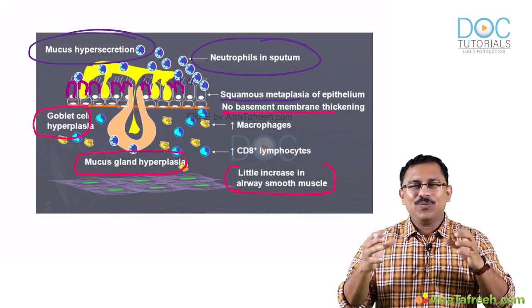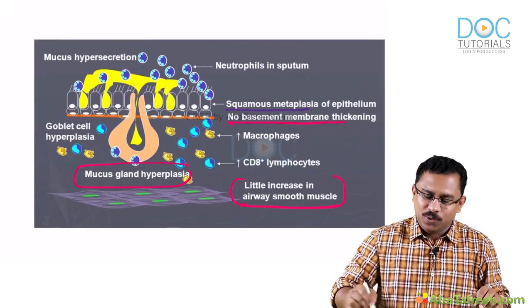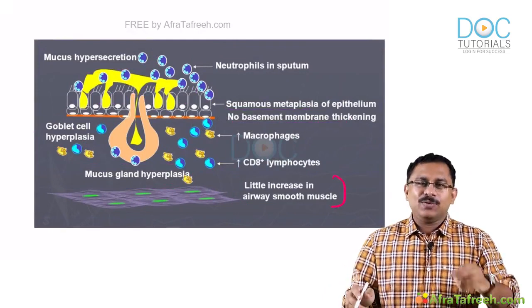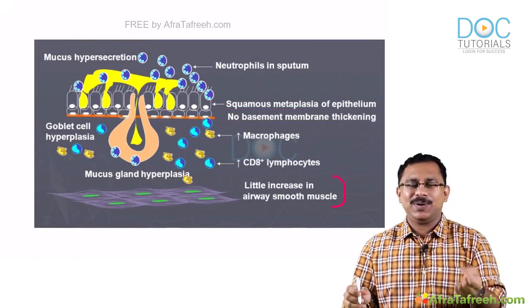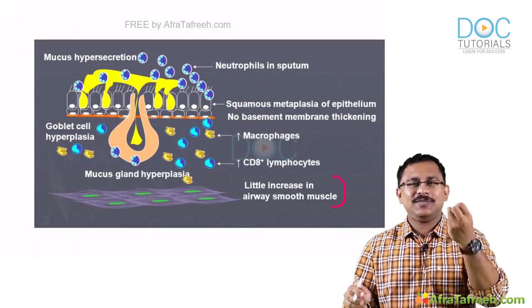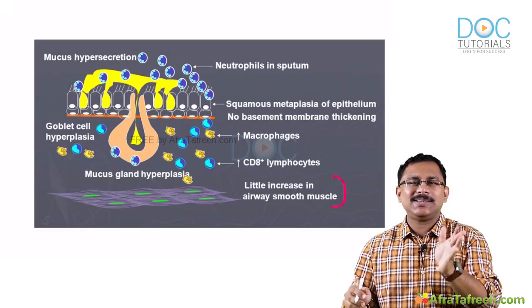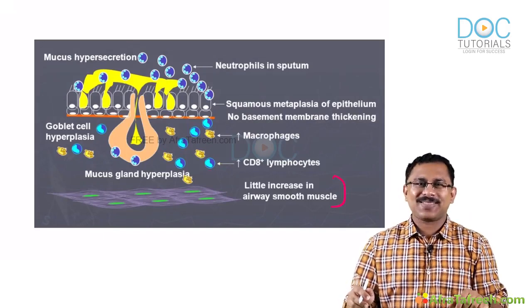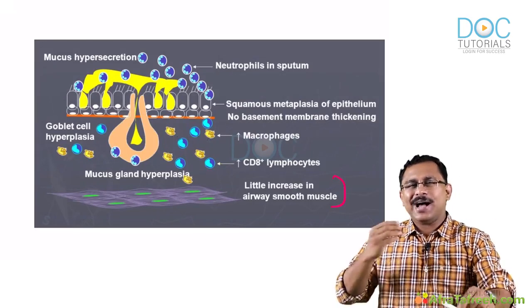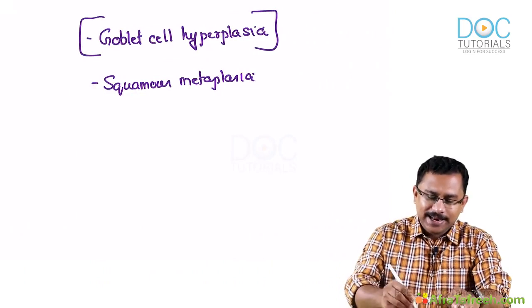Are you able to see something that is given in yellow? Just see, when there is ciliary damage, there is goblet cell hyperplasia and accumulation of mucus, and because these cilia are damaged, they are not able to clear off this mucus as well. Normally you have a very efficient mucociliary escalator mechanism.